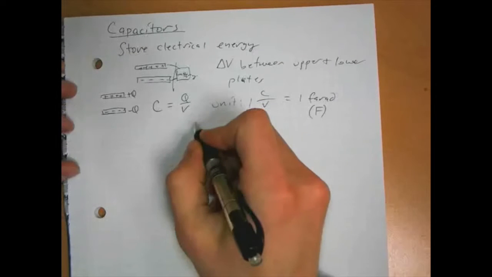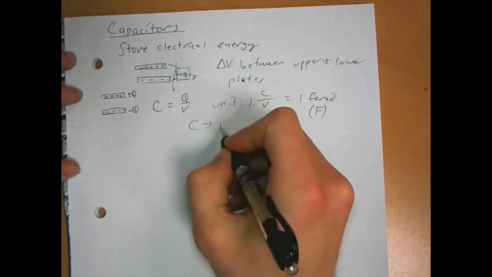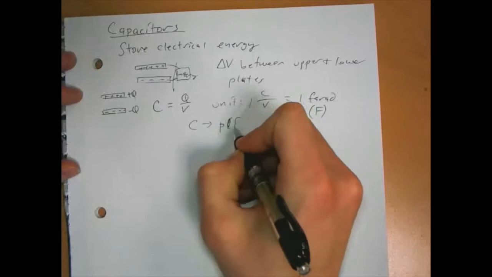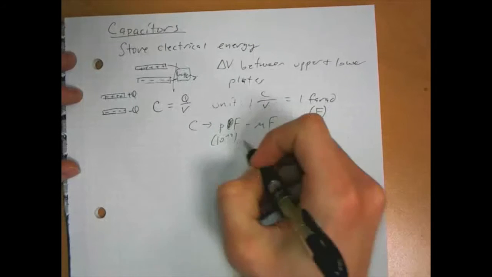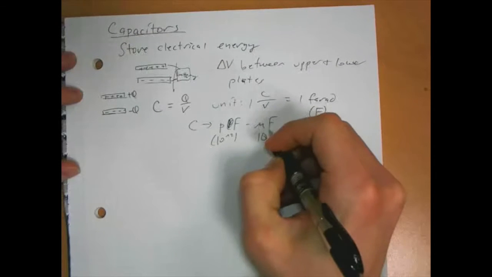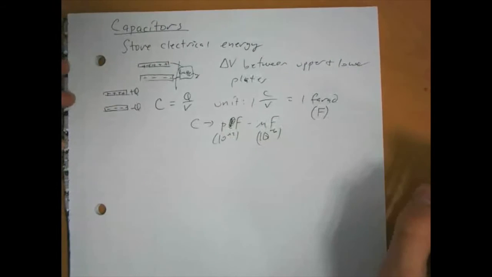Values of capacitance are typically somewhere from picofarads to microfarads. Pico is 10 to the minus 12th, and micro, as you should know, is 10 to the minus 6th. So that's what capacitances typically are.